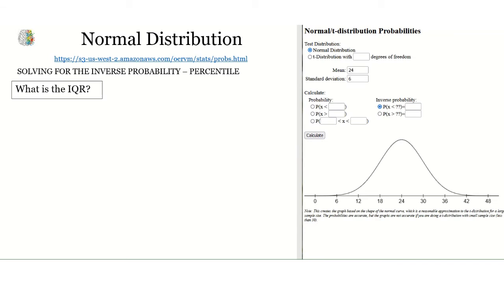Our next question asks us to solve for the interquartile range, the IQR. If you remember from when we did the box plots, the IQR is just the middle 50%. So this is our IQR.